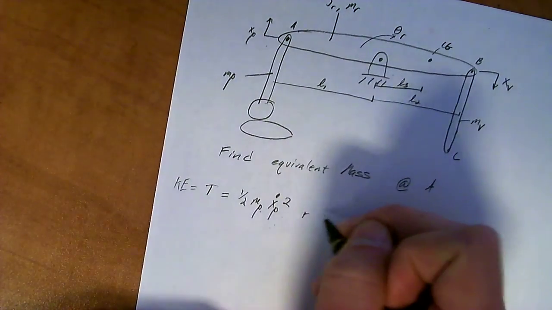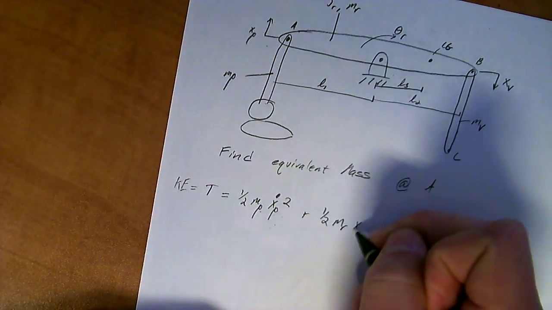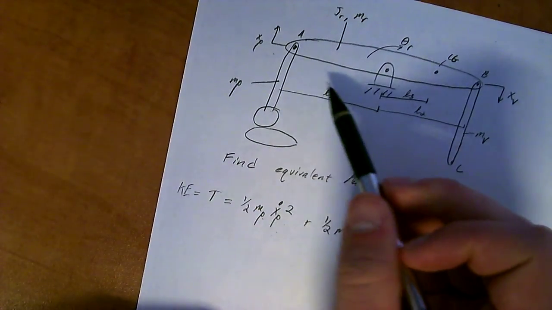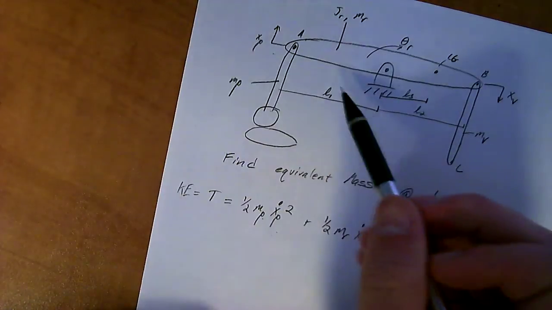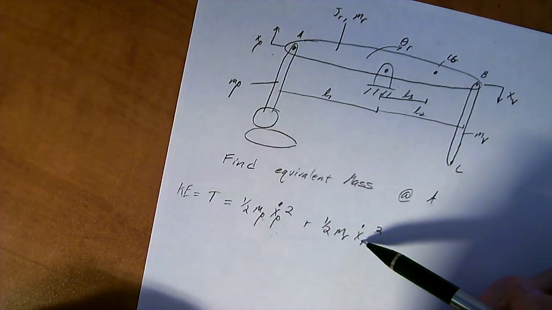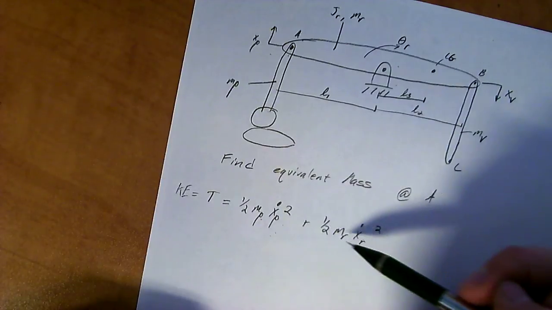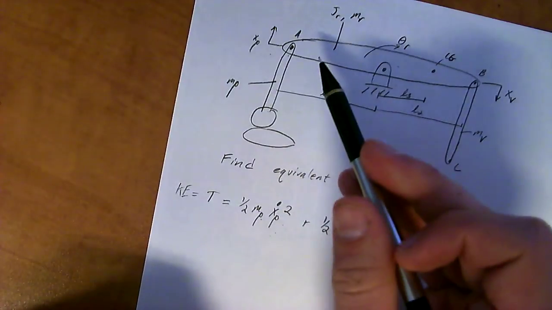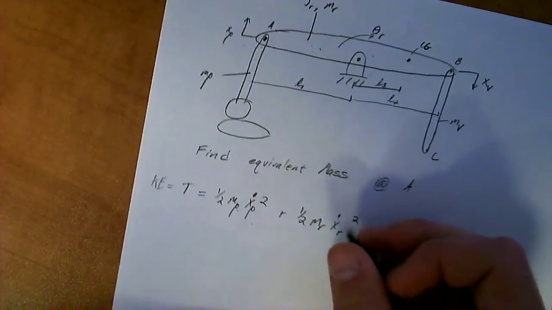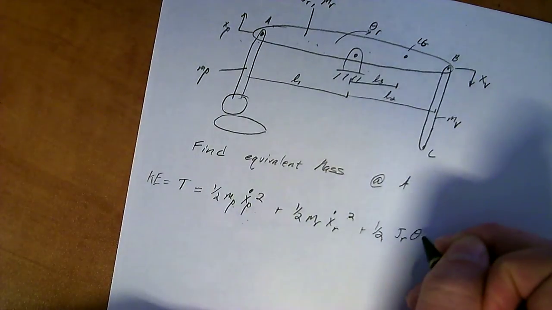Then plus 1/2 mr times x dot r squared. You may notice that we don't have an xr defined anywhere in this picture. That's because this value is going to be related to theta r with respect to A. We're just calling it xr right now because it's going to be the displacement at A of this rotational arm right here. Then plus 1/2 JR theta dot R.